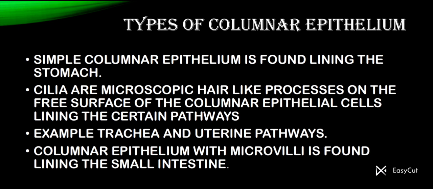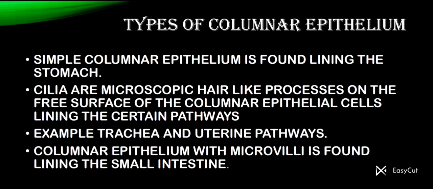So we completed the first type of epithelial tissue, that is simple epithelium. What do you mean by tissue? A group of cells. How many types are there? 4 types: epithelial tissue, connective tissue, muscle tissue, nervous tissue.